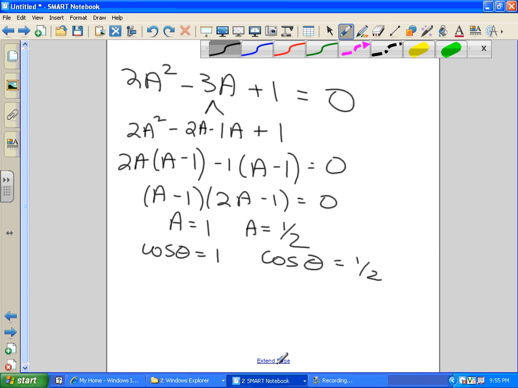So now let's look, where is the cosine 1? That would just be one solution for that one there. That would just be at pi over 2, just looking on my unit circle there. And so where is cosine 1/2? That would be at pi over 3 and 5 pi over 3.